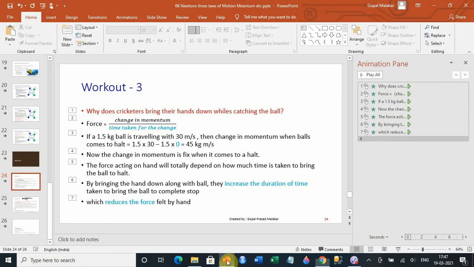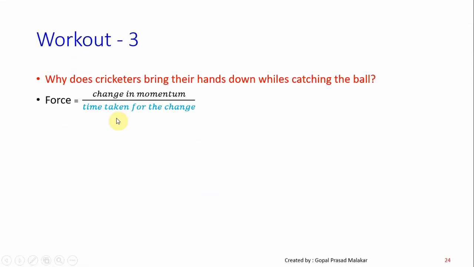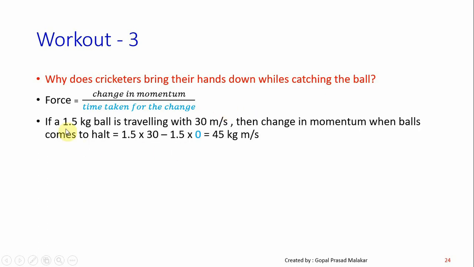Why did he do that? That's the question. Understand it this way: force is equal to the change in momentum divided by the time taken for the change. Assume there is a 1.5 kg ball traveling with a speed of 30 meters per second. What is the initial momentum? 1.5 into 30.